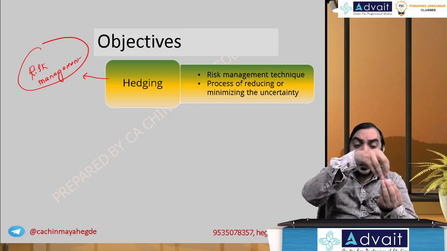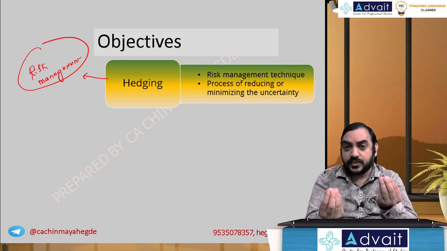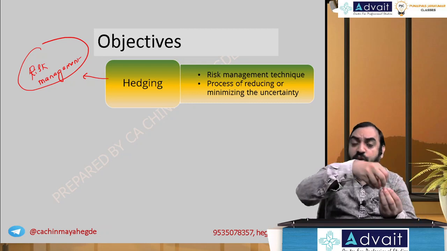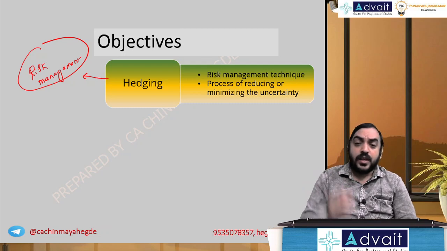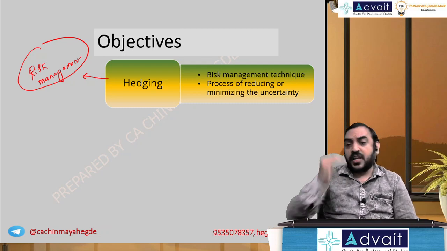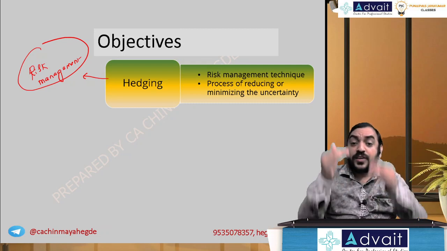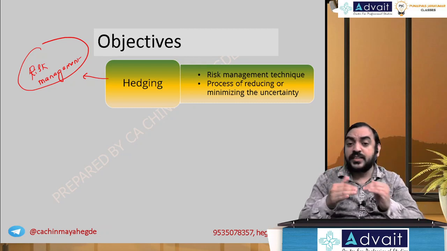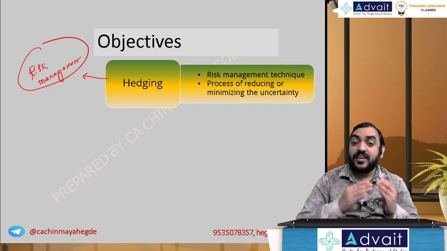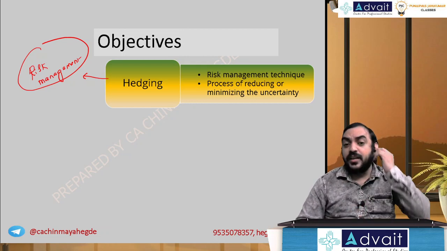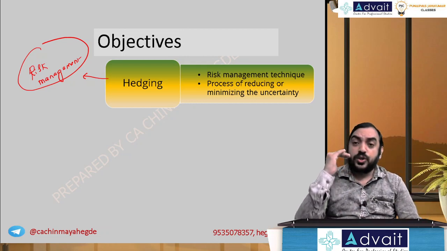If possible, I would like to avoid that risk. We can't avoid the risk. I can only manage the risk. I can minimize the risk. Hedging is a risk management technique. It's a process of reducing or minimizing the uncertainty. We will have various strategies built to reduce your risk.